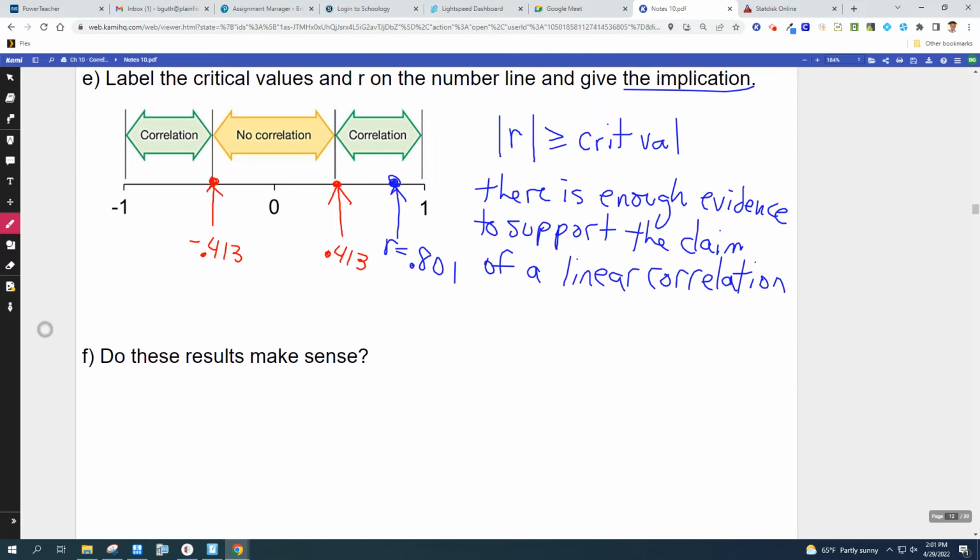So do these results make sense? Go back to the very start when I introduced the chocolate and the Nobel Prize winners. Your intuition told you that those don't seem like they're related. So do these results make sense? Not really.